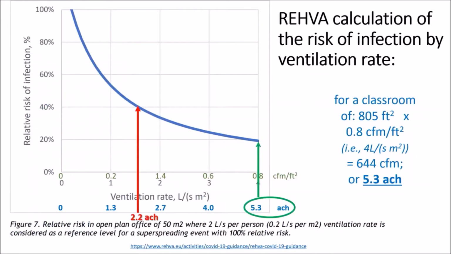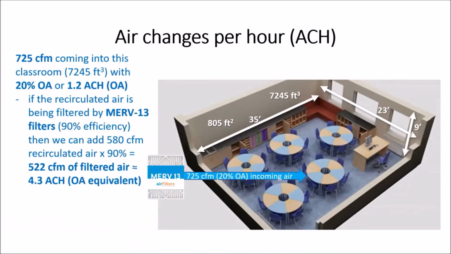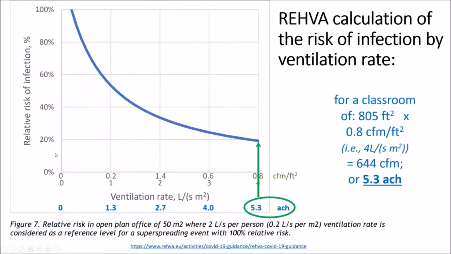And so we're a little bit better, but not much, than we were before. Now, if we take the same thing and we put a MERV 13 instead, we actually get the equivalent of 4.3 air changes per hour, which added with 1.2 will give you 5.5 air changes per hour. And now we're getting somewhere.